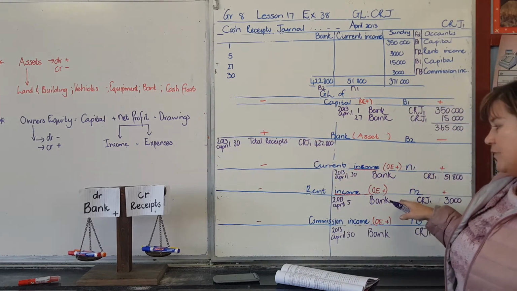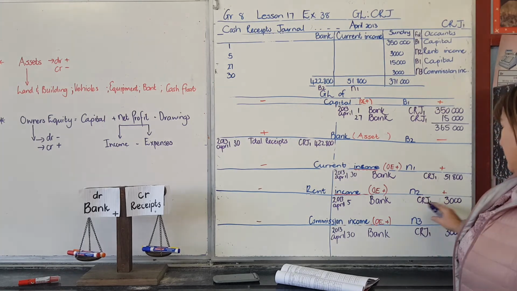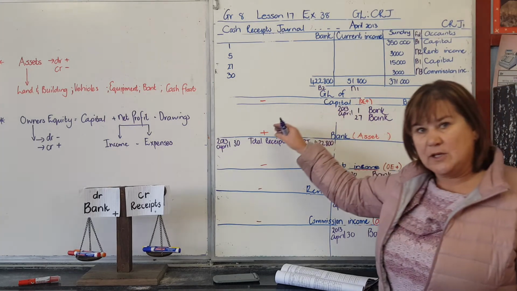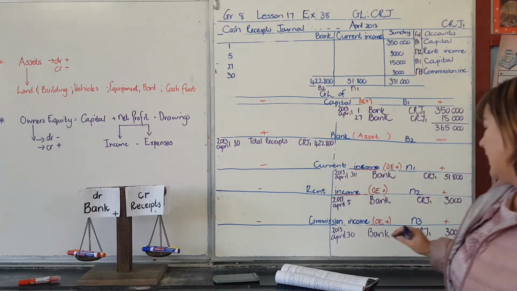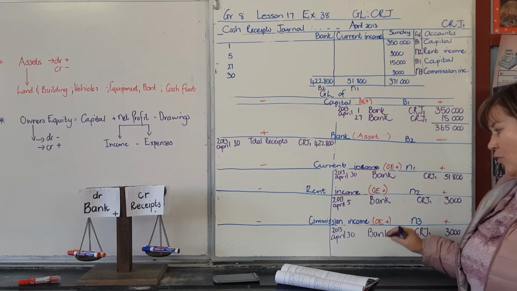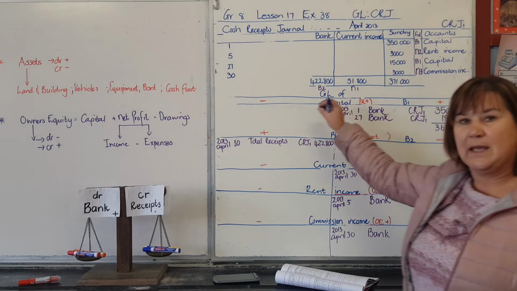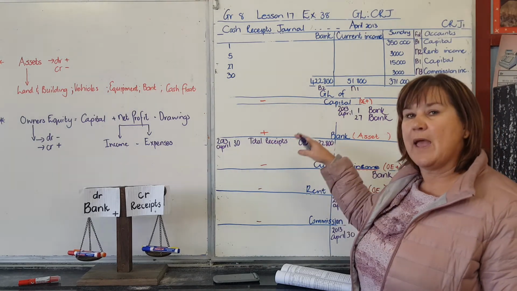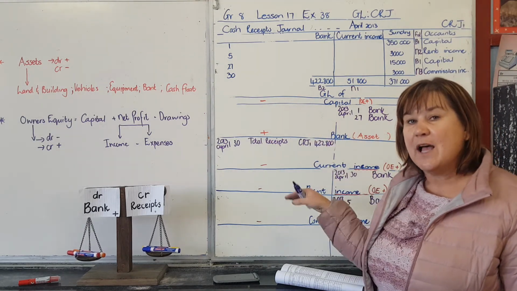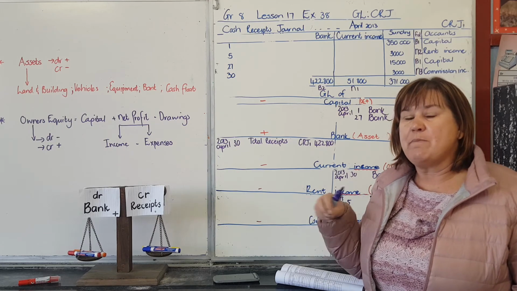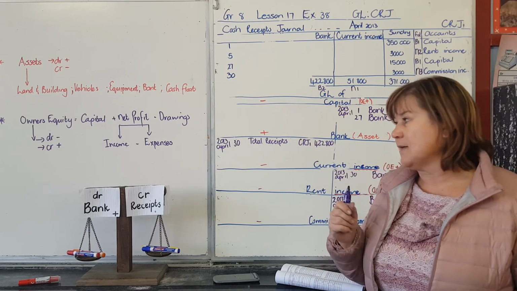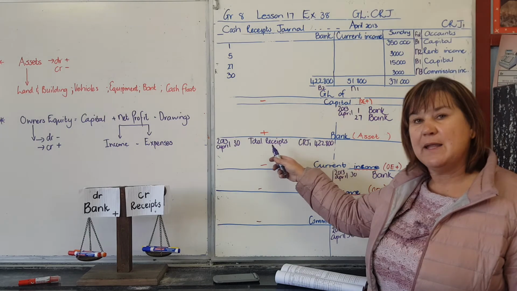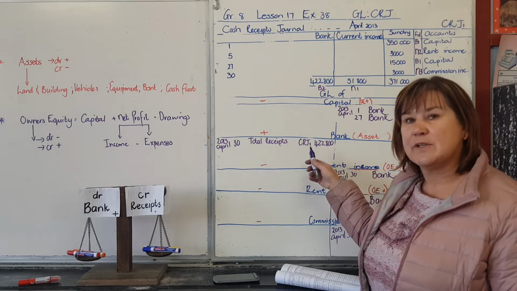The money that we've received from our attendant, 3,000 Rand, was paid into our bank account. And the money that we've received for commission was paid into our bank account. So for each debit, we had a credit, but every time it was bank, because we paid the money into our bank accounts. So we received money, and that was our total receipts.